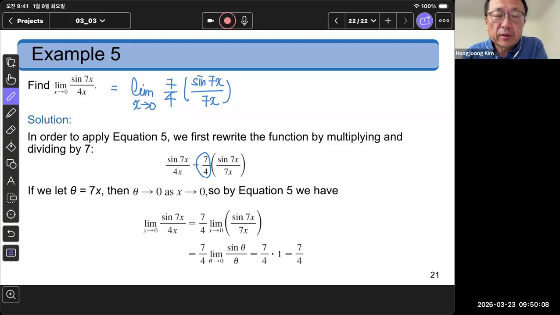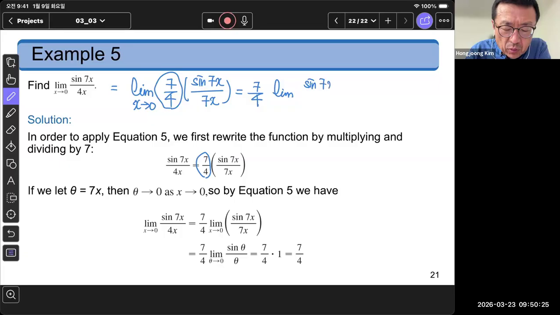Now, we know that a constant like 7/4 can be multiplied after the limit is considered. So I can multiply 7/4 once I consider the limit of sine 7x over 7x as x goes to 0. Now, as x goes to 0, 7x will also go to 0, right?